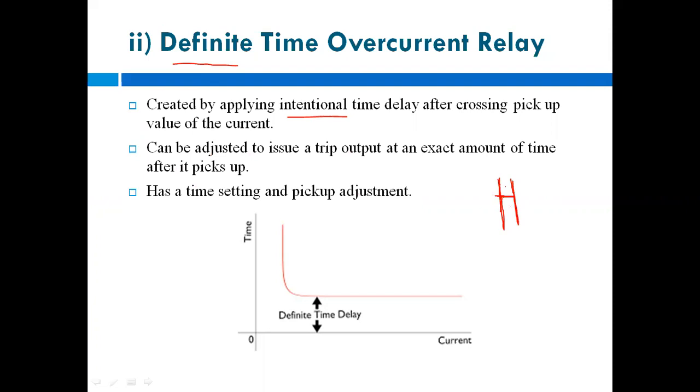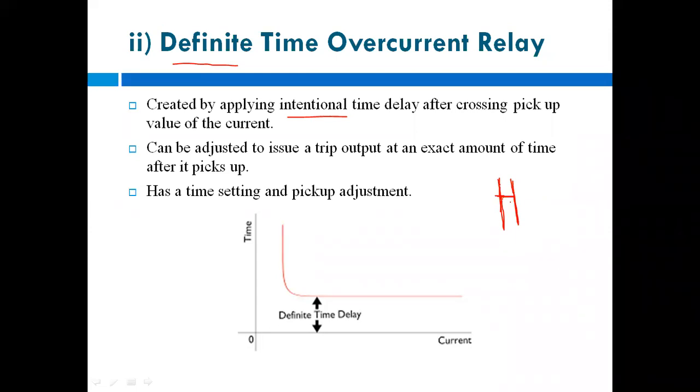When it reaches the pickup value, that signal is given to the circuit breaker here. The time is adjusted in this way, and it has a time setting and pickup adjustment.